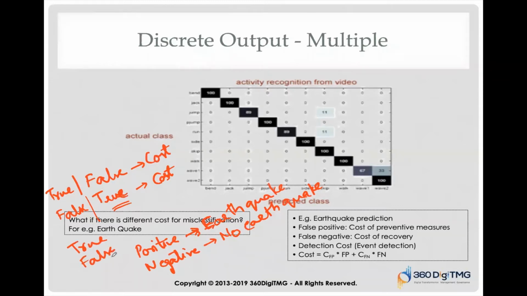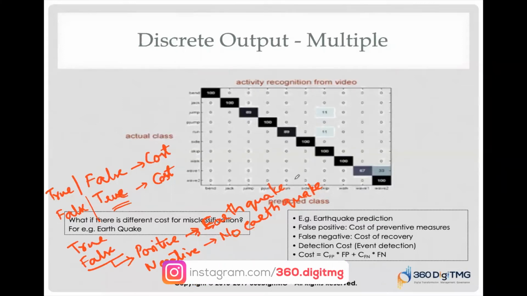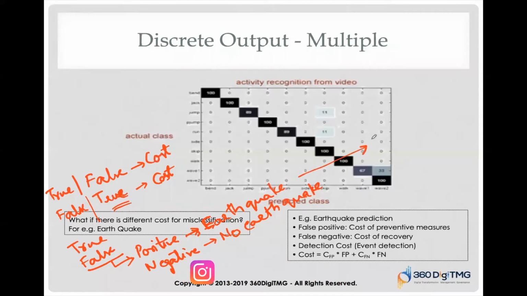Then you have true and false cases. When we say false positive, that means we have incorrectly classified the positive scenario. That means you classified or predicted that there would be an earthquake. The moment you predict that there will be an earthquake, what will happen? Your government would kick in the disaster recovery team. They would evacuate the people. They will create makeshift camps.